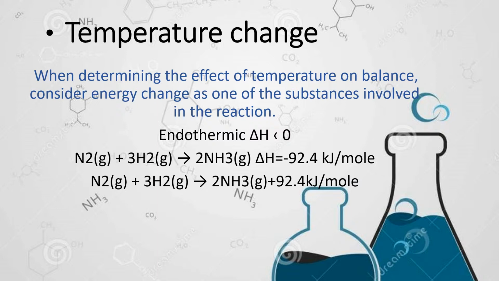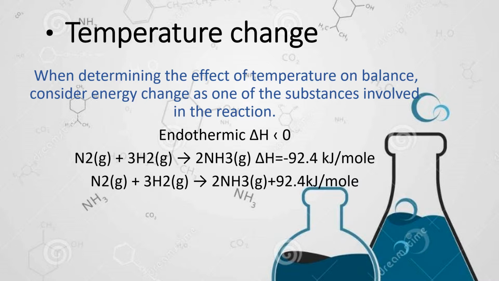Suppose a reaction is an exothermic reaction. If the temperature is lowered, the equilibrium will shift to the right, generating more heat to reduce the effect of the temperature reduction.